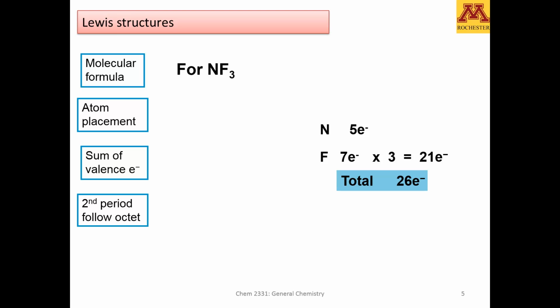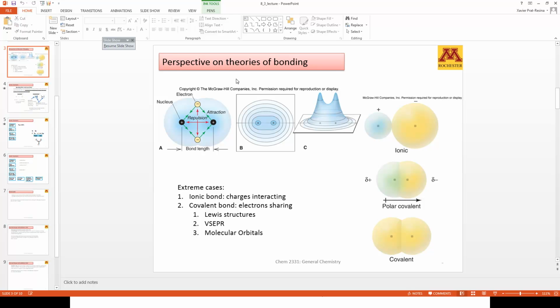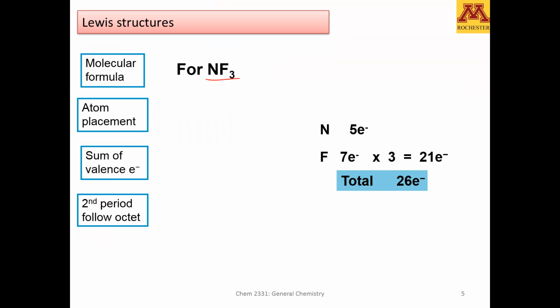The first step to build a Lewis structure of a molecule is to identify the central atom, and the central atom will be the least electronegative. Being N the least electronegative, you will put N in the middle, and you distribute the F around it. Now let's see how many electrons each of these should have.